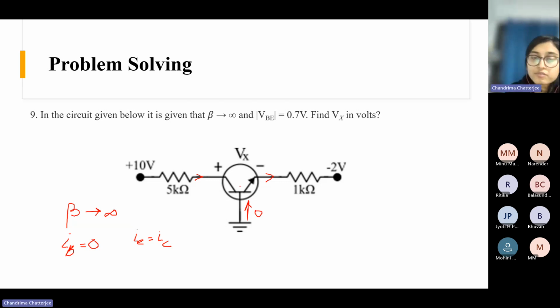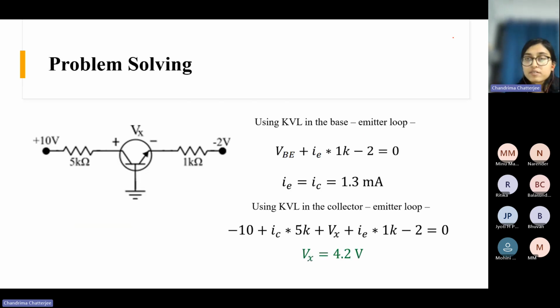So from now on the concept is simple. We just need to have a KVL equation here. First we need to find out what the current value is. So for that we will have KVL here.